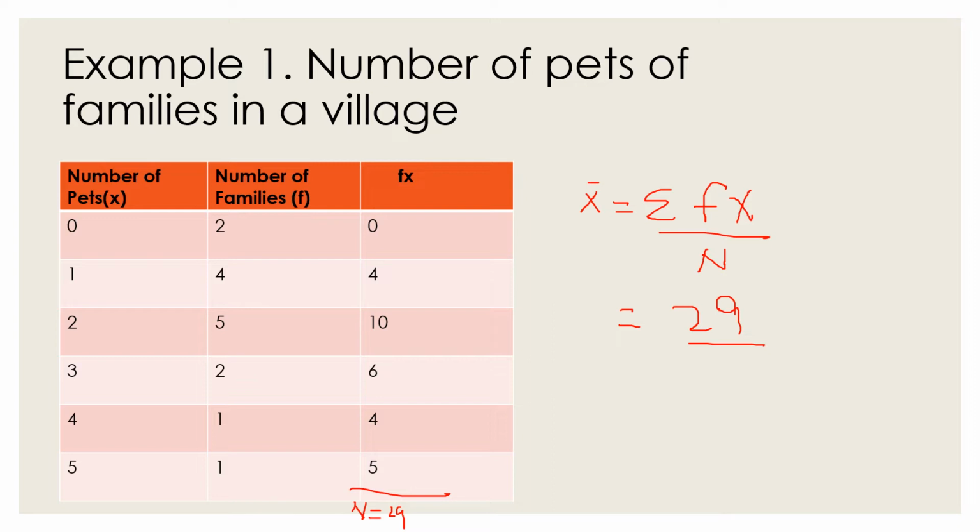It's not the n but the sum of fx. And this is the n: we have 2 plus 4 is 6, plus 5 is 11, plus 2 is 13, plus 2, so we have 15. So n is 15.